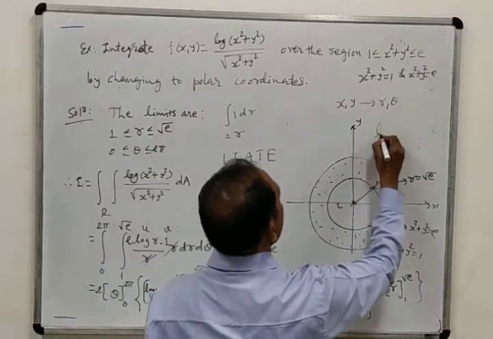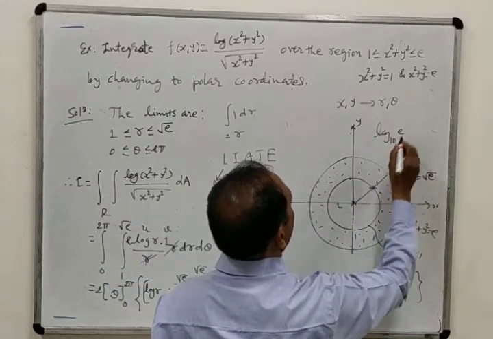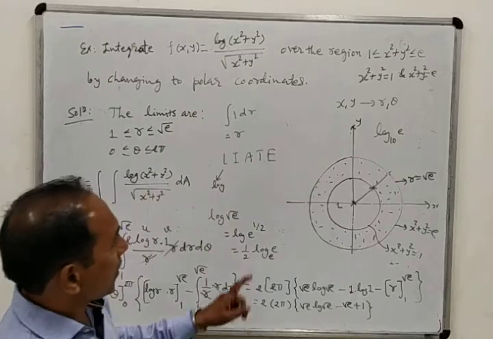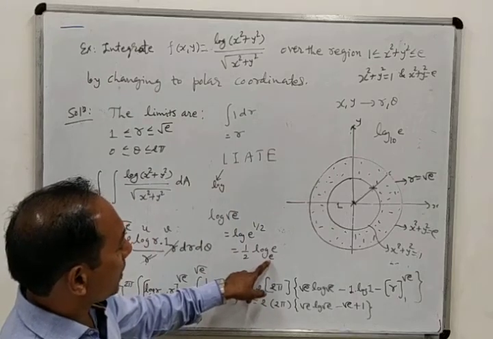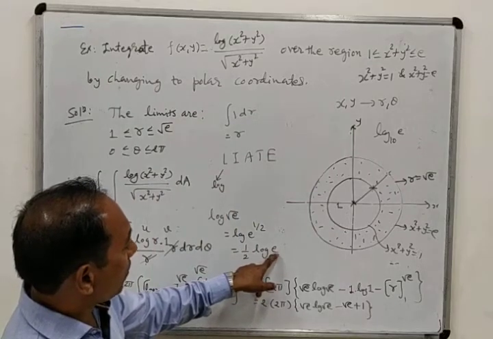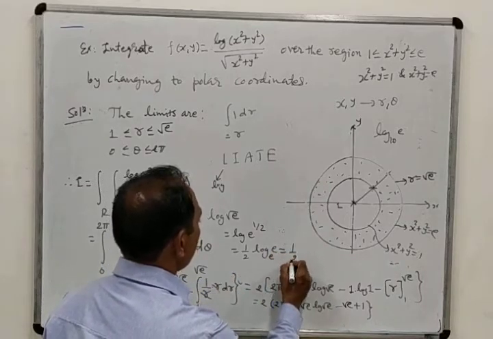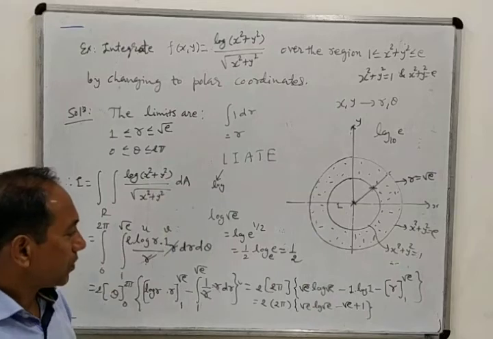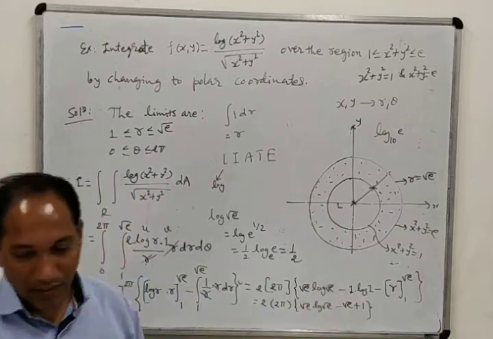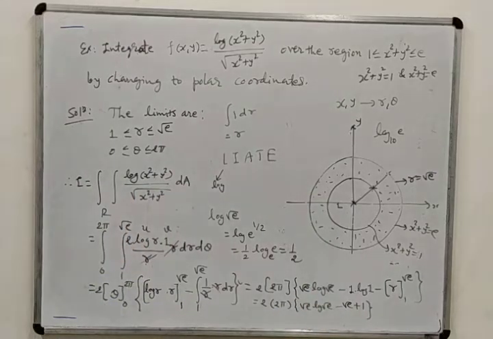Otherwise, if base 10 is there, then it must be written. But if nothing is written, then we must assume that the base is e. We know that log of e, base e, is always 1. So this is 1/2, and then you can simplify and get the proper value.